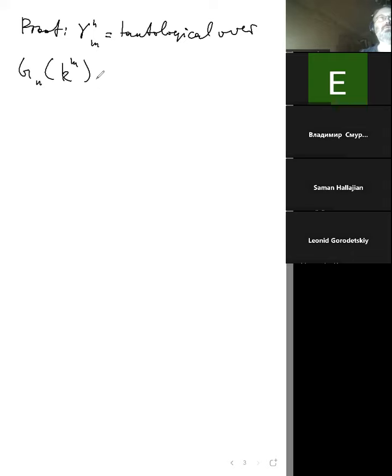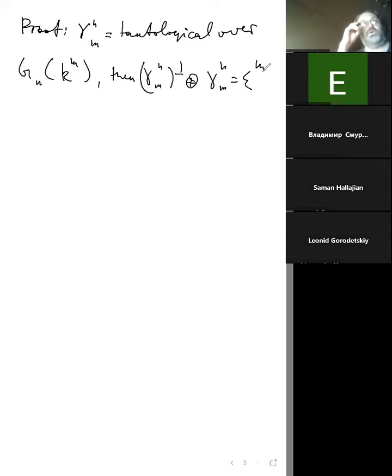Let's first prove this for the tautological bundle. For the tautological bundle, we have this formula.